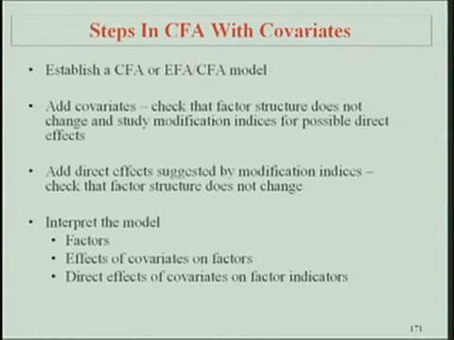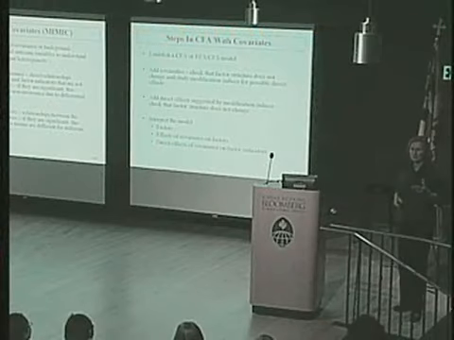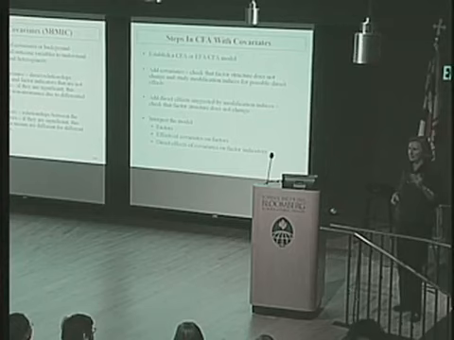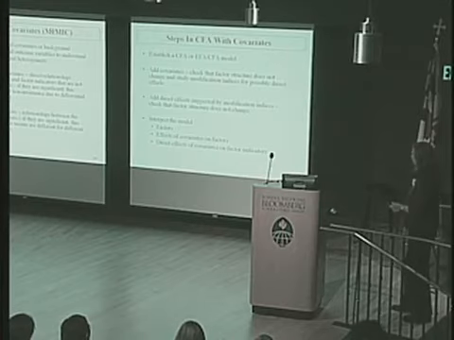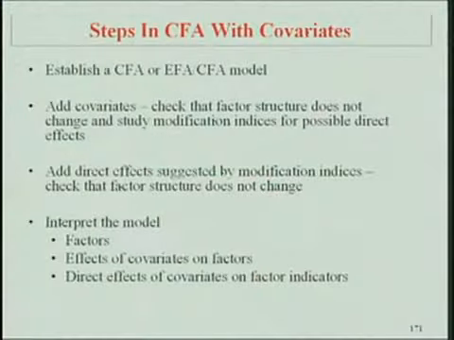If you have differential item functioning, you can model it by having the direct effect in your model, and that takes care of that problem. So it's only when you don't include the direct effect that you have a problem. And you want to interpret your model, look at your factors, the effects of the covariates on the factors, and the direct effects of the covariates on the factor indicators. And you need to know the effects of the covariates on the factors and about the direct effects in order to correctly interpret your results. So I'll leave that over there.